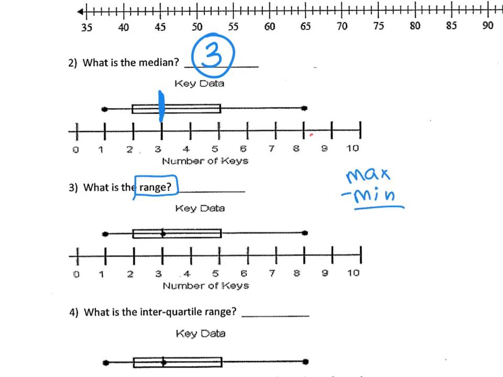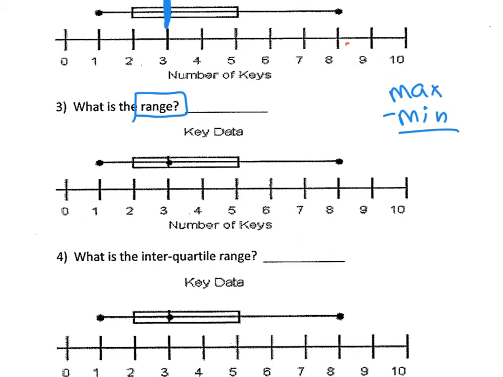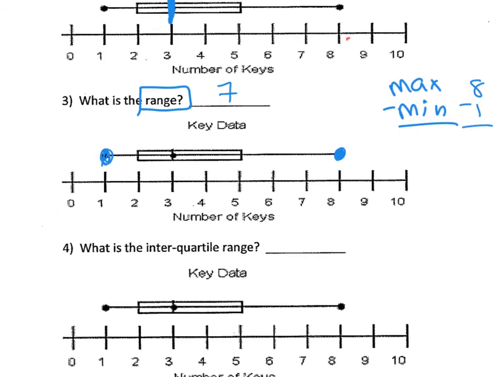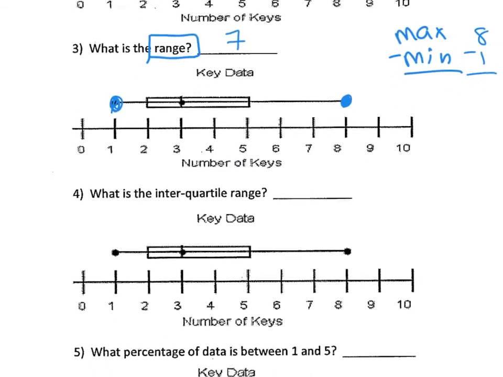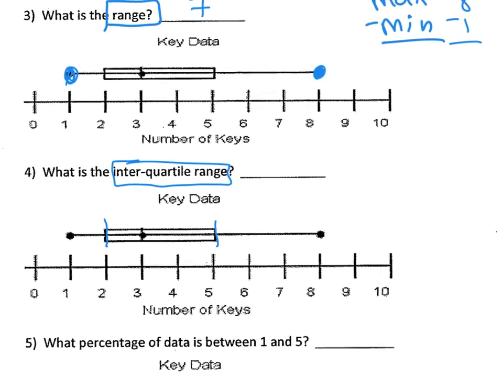Good. You're looking at your whiskers for range because you're finding your maximum number minus your minimum. So 8 minus 1, which should be 7. Okay, then on number 4, just like we did on the first page, what's the interquartile range? So we're just looking at the box, not your whiskers.